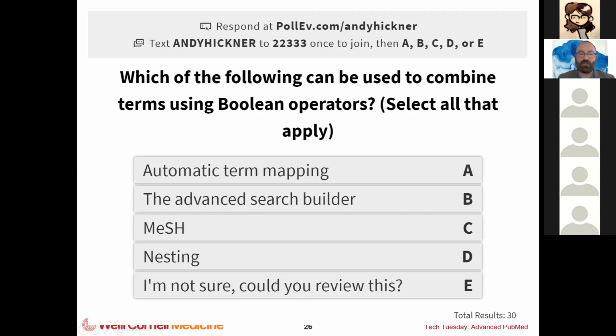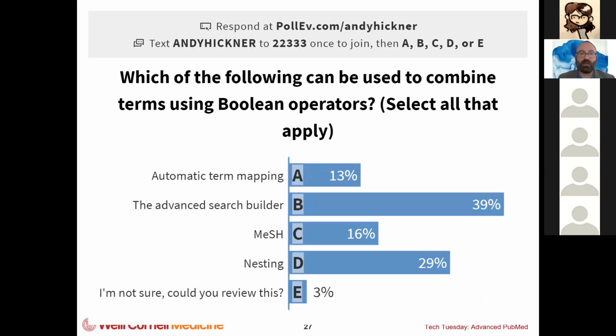Okay, I'm going to move on to our poll results. Most of you, the biggest group was Advanced Search Builder, followed by nesting. Okay, I'm seeing some answer changes here.